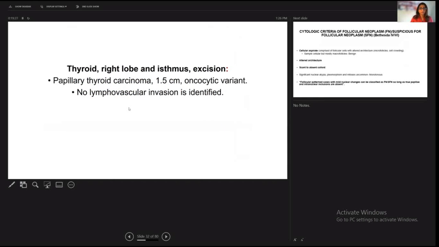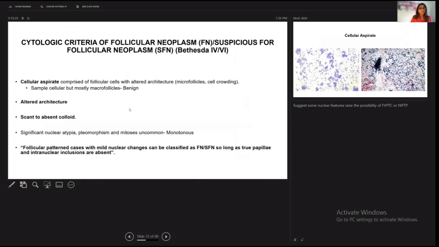So the criteria for follicular neoplasm, as I obviously mentioned, the aspirate should be cellular, cellular, cellular. I can't emphasize more the cellularity that is much needed for this particular category. The cellularity should be comprised of follicular cells with what we call altered architecture, wherein there are microfollicles with cell crowding or overlapping. And you absolutely have to have scant to absent colloid in this category.